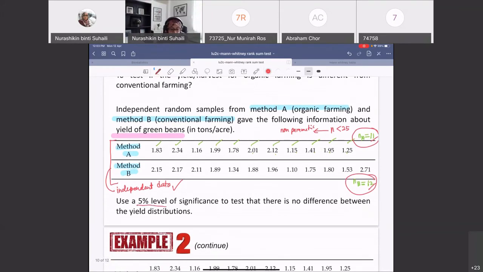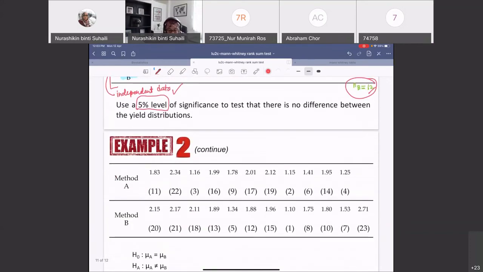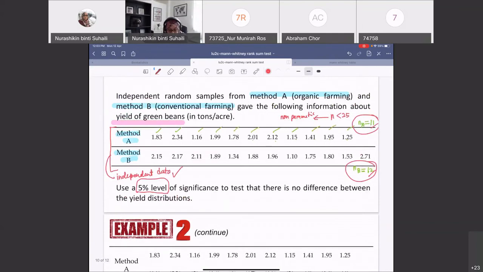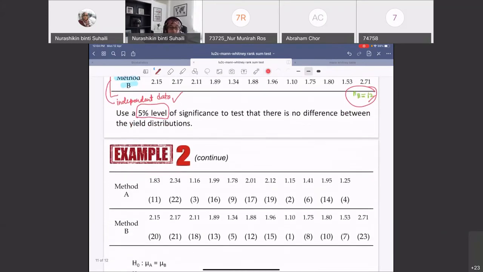The alpha is given as 5%. Since the sample sizes are a bit bigger, 11 and 12, and you have to combine the data when you rank it, you need to be extra careful because you might miss a value. Sometimes some of the values should be ranked earlier, but you miss them out. So that's why you have to be careful with the ranking. Now let's have a look at the data.